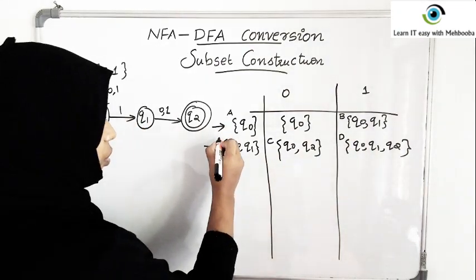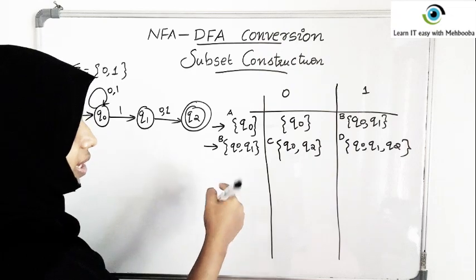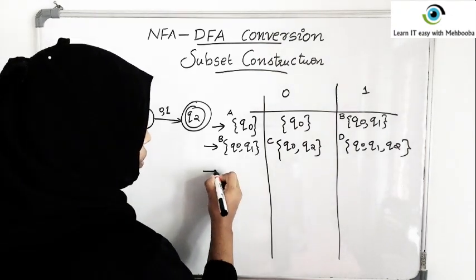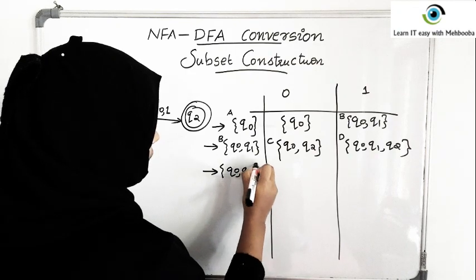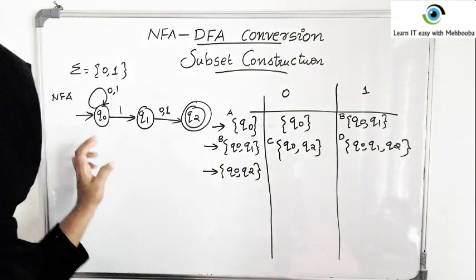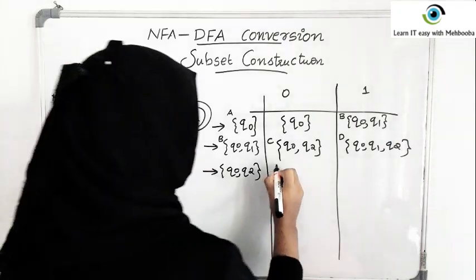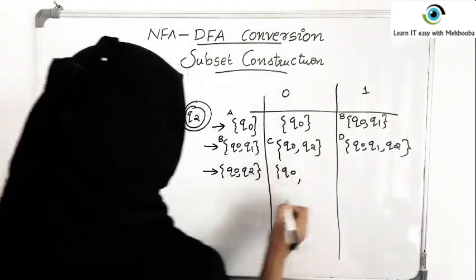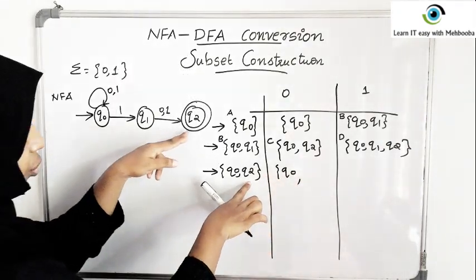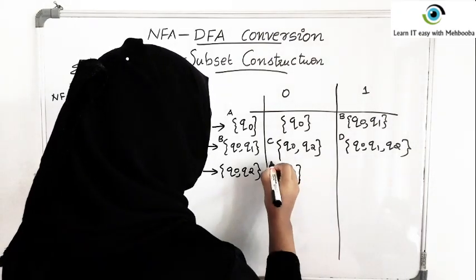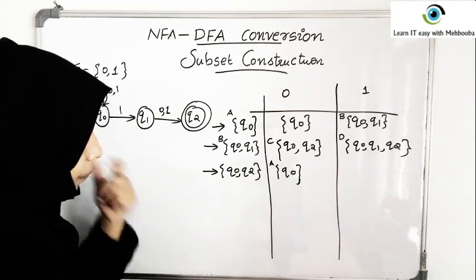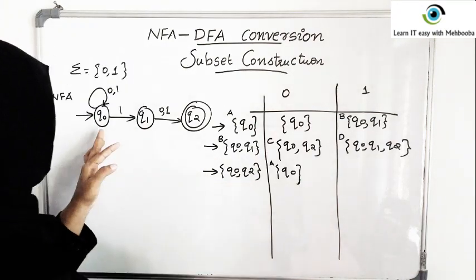Now A has been processed. This is the very same B. B has been processed. Now we have to process C, that is Q0, Q2. Okay. When 0 appears on Q0, you get Q0. When 0 appears on Q2, it's not defined, so you are not getting anything new. This is the same set A. Now Q0, Q2 on 1.